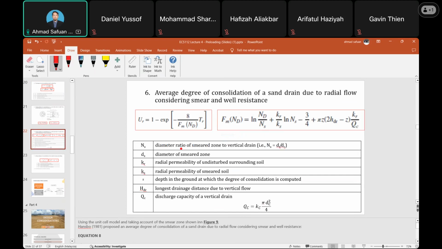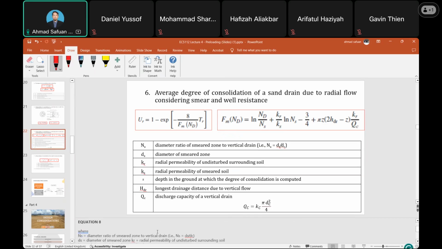The diameter ratio of the smear zone to vertical drainage, diameter of smear zone, depends on the size of the mandrel. Radial permeability of undisturbed surrounding soil, radial permeability of smear soil, Z, depth in the ground at which the degree of consolidation is computed, HDR is the longest drainage path, and QC is the discharge capacity of the vertical drain.